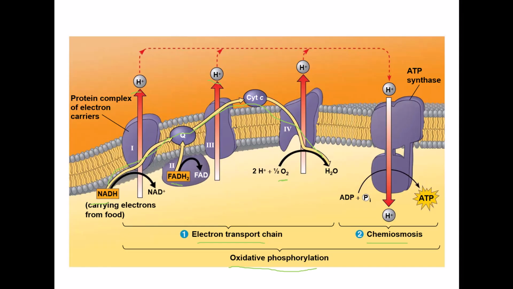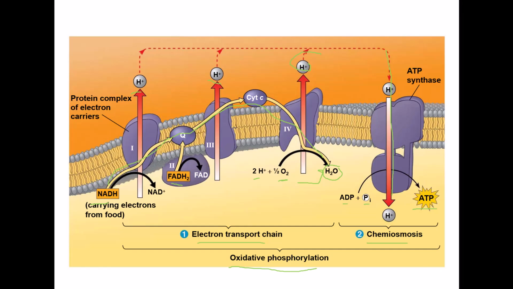That oxygen will accept electrons, bind to hydrogens, and we get H2O, or water. Then those hydrogen ions are set up in this hydrogen ion or proton concentration gradient, where there's more hydrogen ions on one side of the membrane than the other. So those hydrogen ions then can flow through ATP synthase, which gives the energy to make ATP from ADP and a phosphate group.